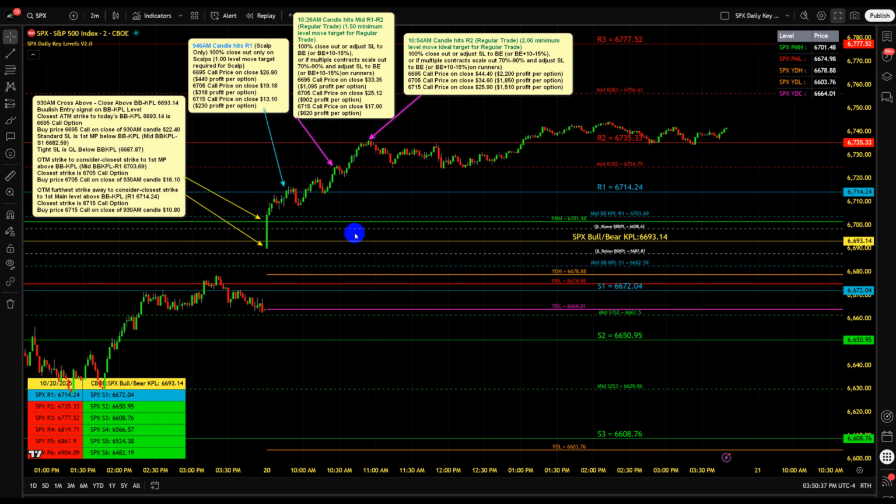You can simply wait and instead take a trade off the R1 level or the R2 level, or depending on how price action is playing out for the day, one of the S levels. So take a look at that other video in the description if you want to learn how to take trades off of the other levels and what to look for.